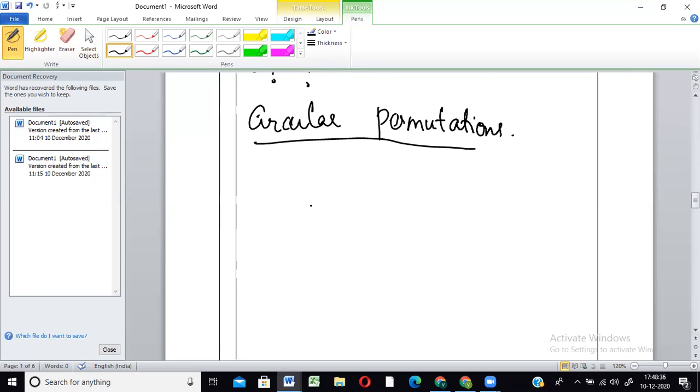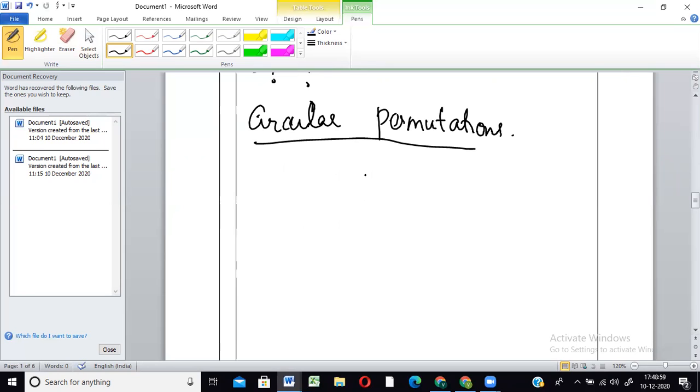Until now we always said the digits or the words are arranged in a straight line. But in circular permutation, you have to arrange objects in a circular form, like a round table conference, or a circular dining table if the people are to be arranged. So all the examples are related to people being arranged in a circular form.